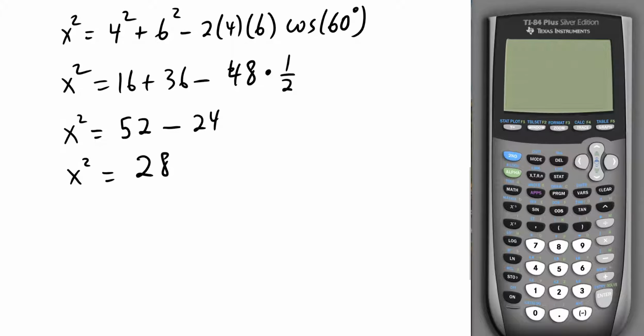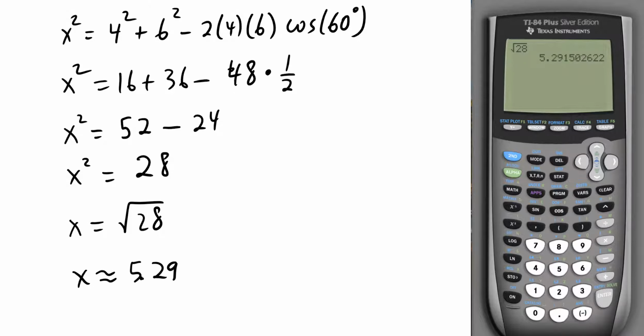If I want to find x, we just take the square root of that. That's why we have a calculator on the right side, to help us find the square root of 28. That gives us about 5.29, approximately, to 2 decimal places.